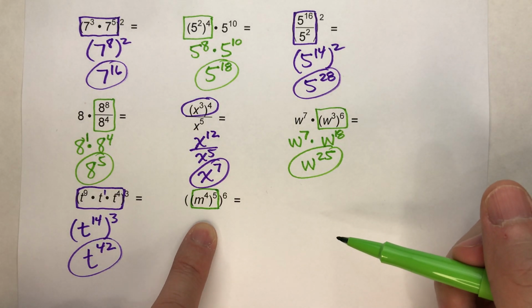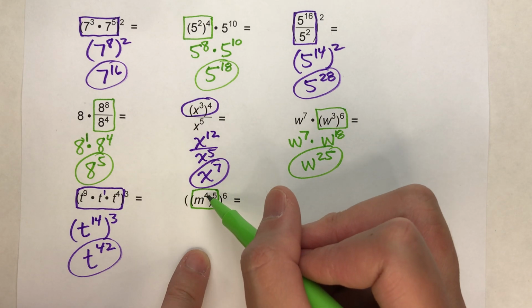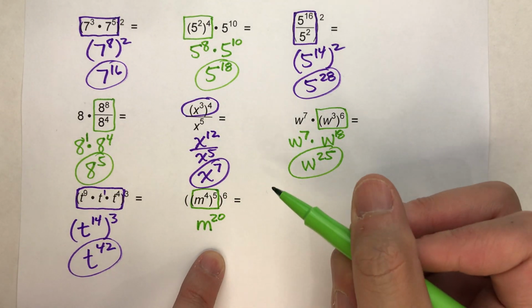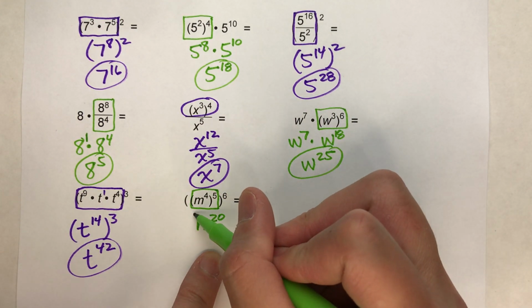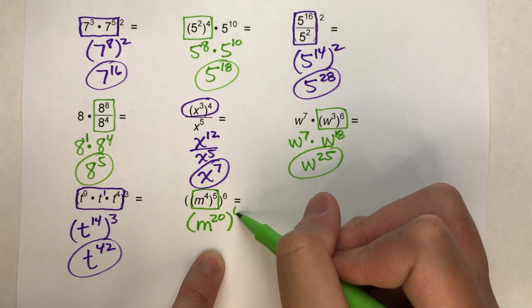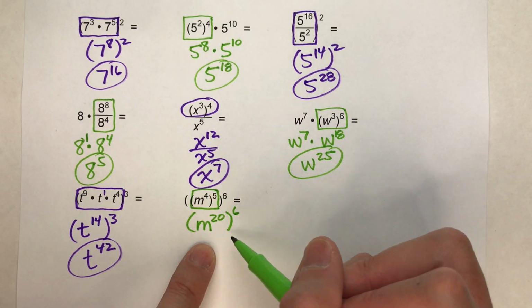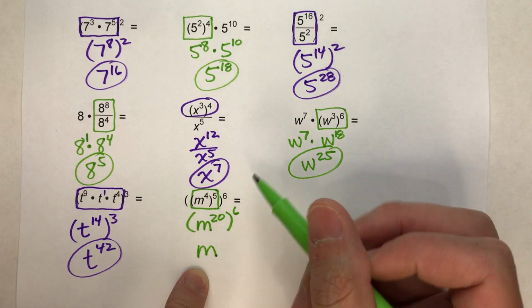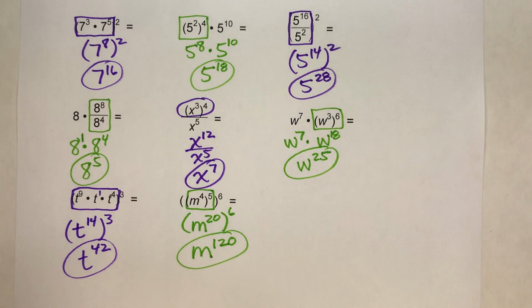All right, so let's do that. m to the 4th raised to the 5th, power to a power. Keep the base, and we multiply the exponents. So that's going to be m to the 20th. But remember, we're still raising everything to the 6th power, so we've got that last step to do. And just like the last rule, power to a power, keep the base, multiply the exponents. m to the 120th power.